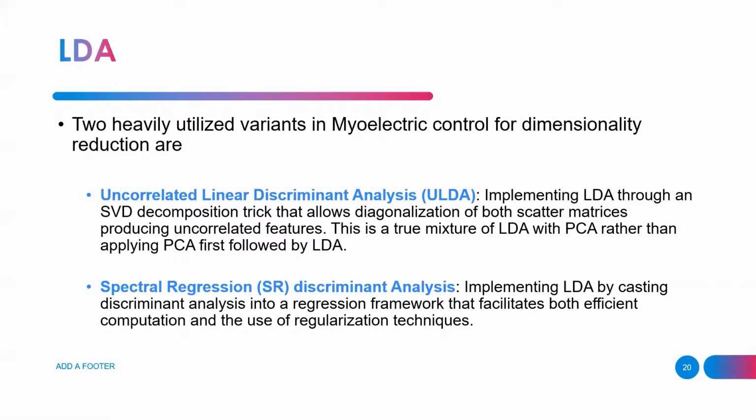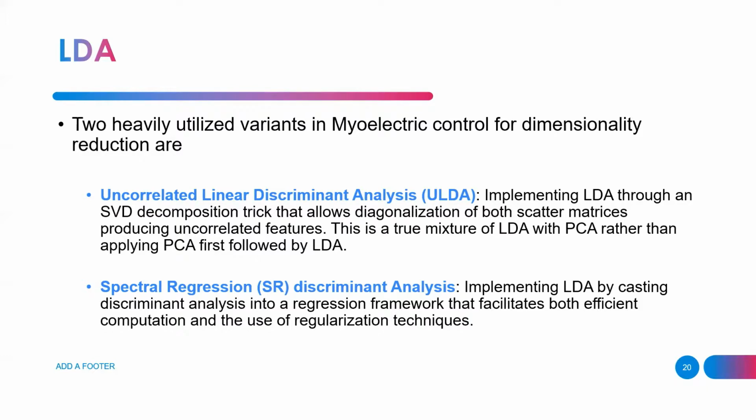So what we end up doing is that we are actually having an LDA method, but the resultant features are also uncorrelated. Another different implementation, which I tend to use myself heavily, is called the spectral regression discriminant analysis.